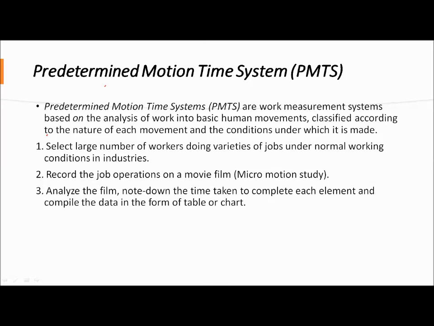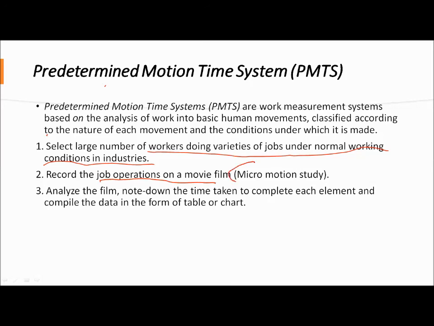So the steps, again. You select a large number of workers doing varieties of jobs under normal working conditions in the industries, and after that you start recording the job operations on a movie film.